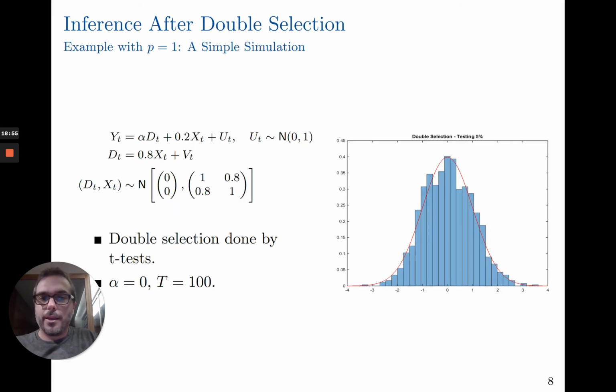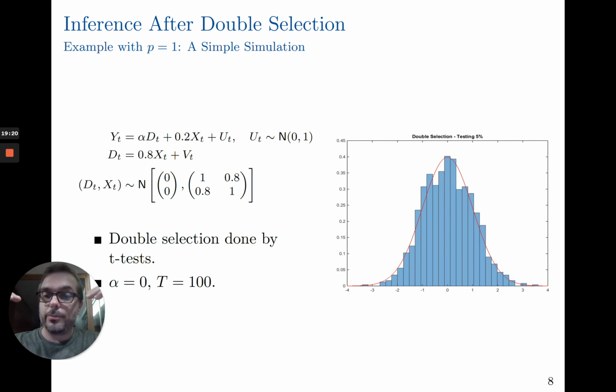Okay. So now take the same example, the same simulations, but instead of doing the single selection, let's do the double selection and compare the theoretical distribution with the empirical one. And what you can see on the slide is that, okay, we are now bingo, right on target, right?